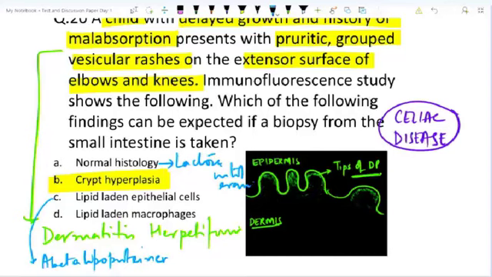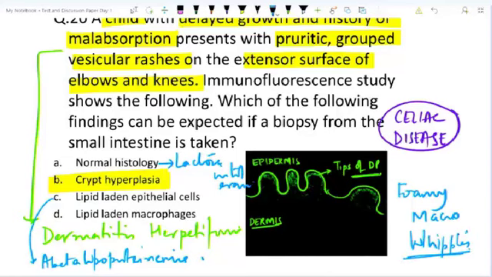And lipid-laden macrophages are usually a sign of xanthoma or some kind of xanthomatous disorder. But if you have foamy macrophages in the lamina propria, then you have to think of Whipple's disease. So I hope the approach to this question is a little clearer now. You have to correlate a couple of conditions. Have a look at the image again and see if you can interpret how it's only at the tips of dermal papillae.